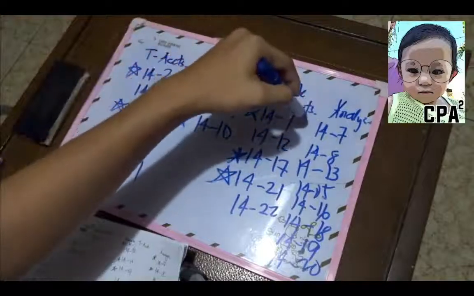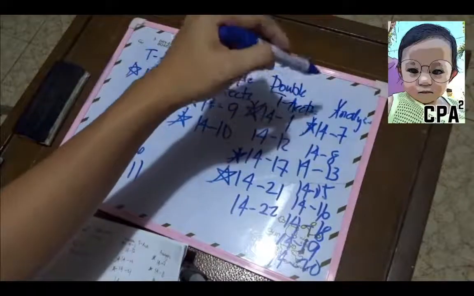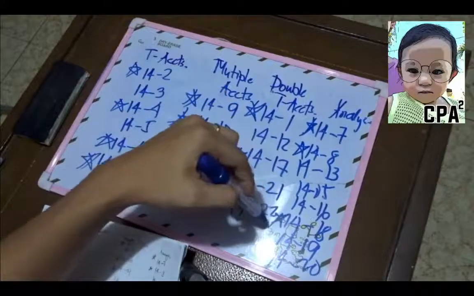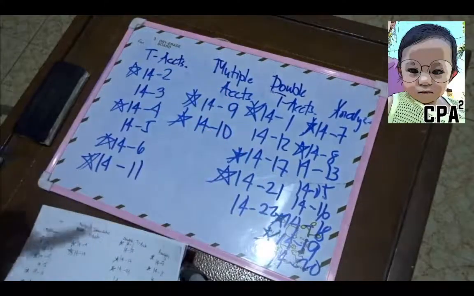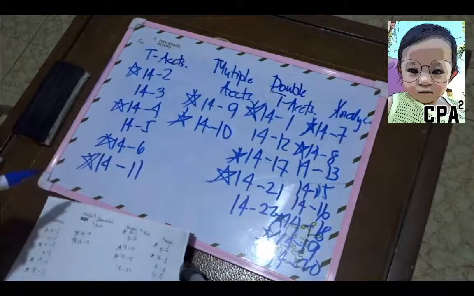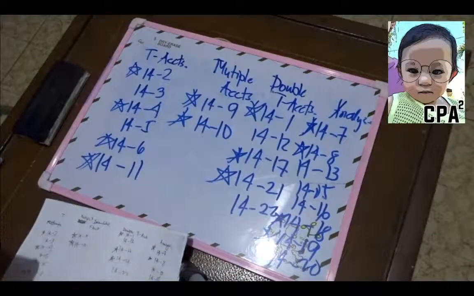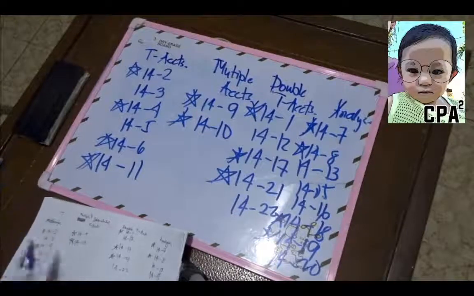And for the final classification, we'll have 14-7, 14-8, 14-18, and 14-19. You're free to use any method you want. I will only share what I deem as a shortcut or an easier way of solving problems.